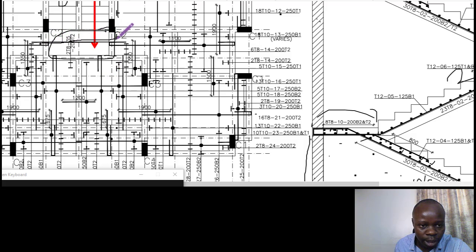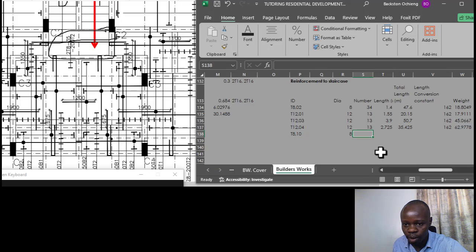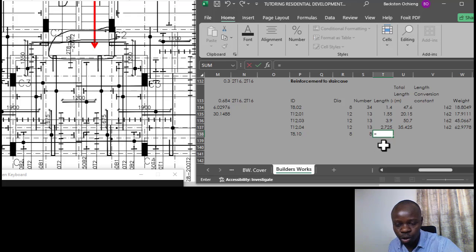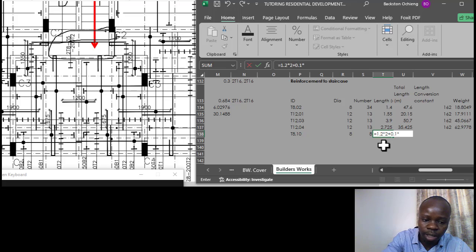To find the number, it's the 1 meter divided by the interval. Actually we won't even need to calculate, they're already indicated as 8. So the number is 8. The length of the bar is equal to 1.2 for the half, so times 2, then we add 0.1 times 2.